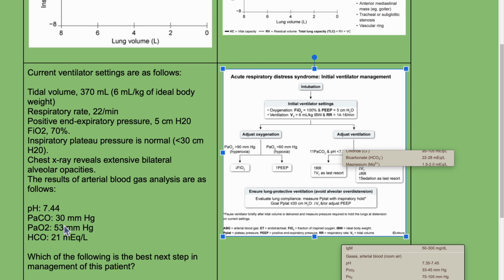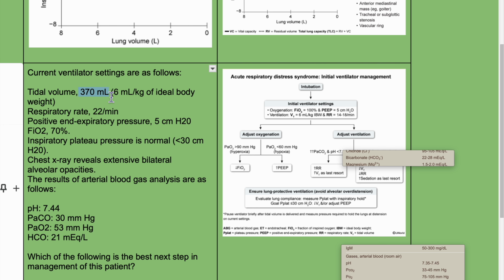PO2 is also low. So we have low carbon dioxide in the body. PO2 is also low, low amount is coming in, and HCO3 is also low. So it is acidosis, sort of, right? Metabolic, I guess.